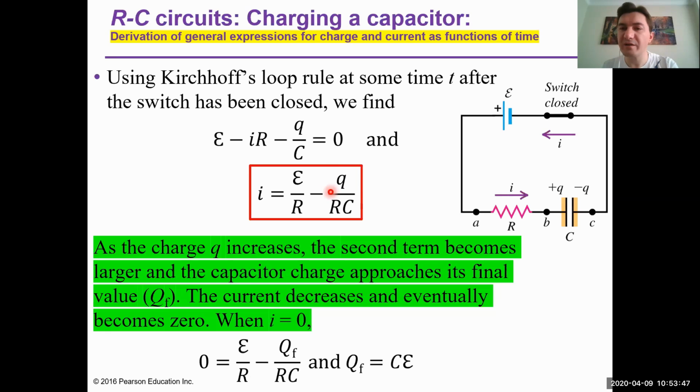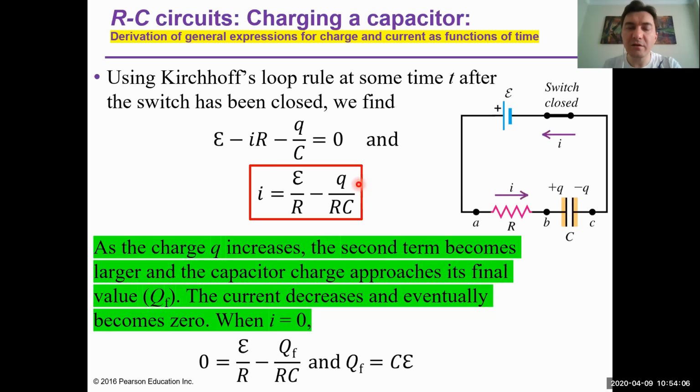Q changes by time. Q was zero at the beginning, then it increases and reaches its maximum value. Then the current in the circuit also is not constant.